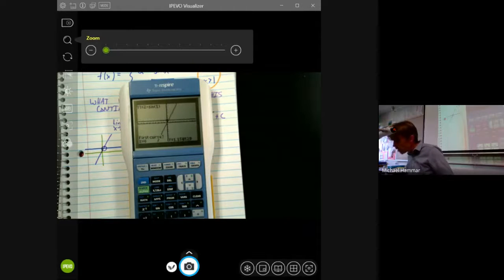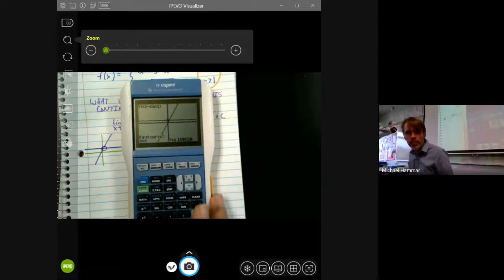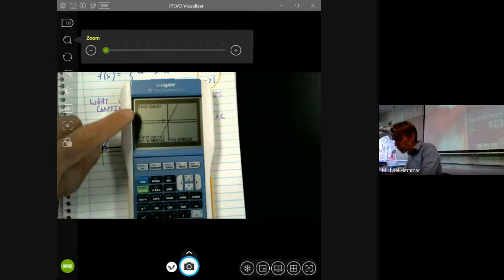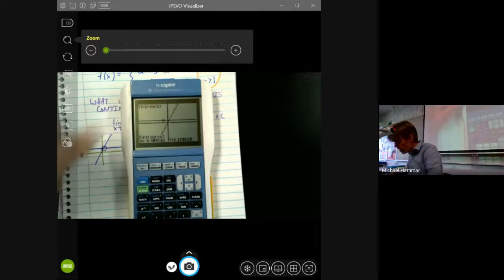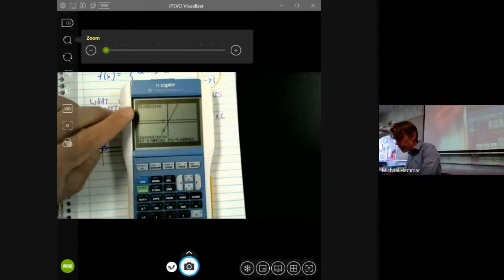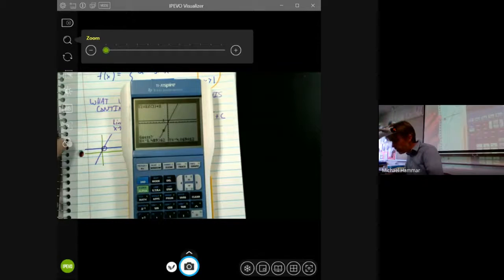So let's mark the lines. The first one we want, notice the blinking dot. You can see I can move the blinking dot. There it is. We want to mark that our first curve is y1 and go. And now the second curve is y2, which is that equation, and we go.